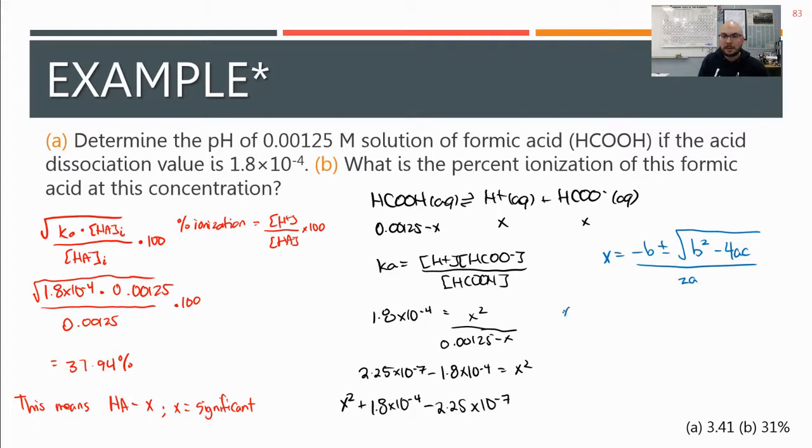So we'd get X is equal to negative 1.8 times 10 to the negative 4 plus or minus the square root of 1.8 times 10 to the negative 4 squared, subtract 4 times 1 times negative 2.25 times 10 to the negative 7, all over 2 times 1.